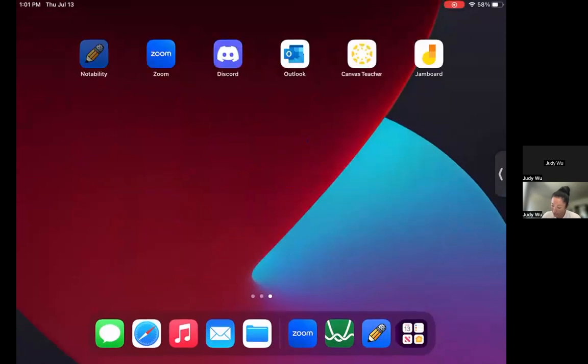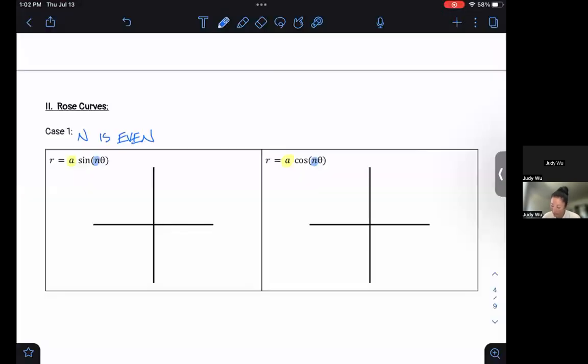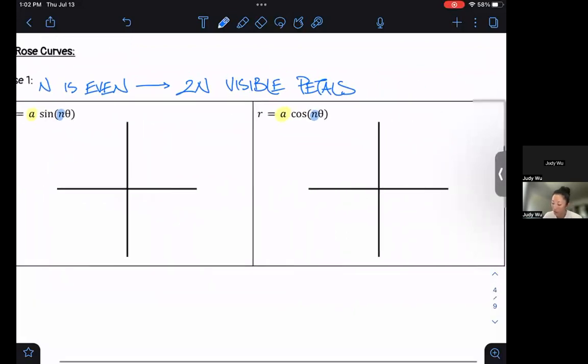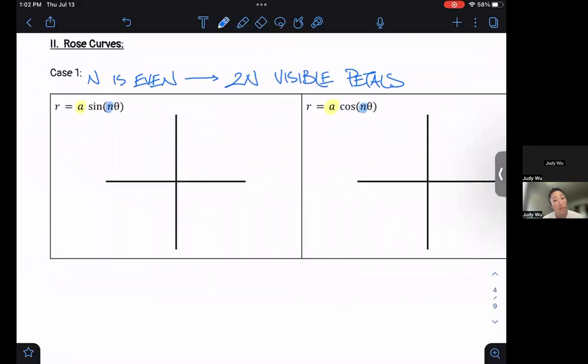When n is even, then we see 2n visible petals, meaning if n is 2, I see 4 petals. If n is 4, I see 8 petals.